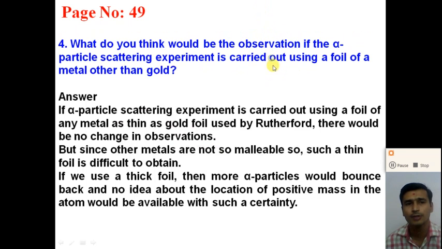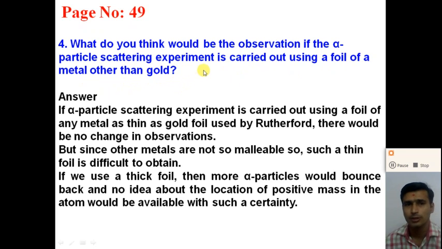Question number 4 on page number 49: What do you think would be the observation if the alpha particle scattering experiment is carried out using a foil of a metal other than gold?